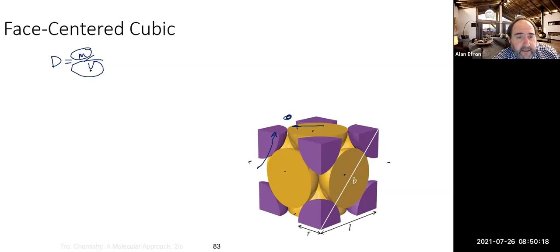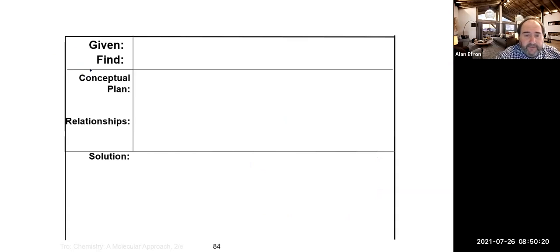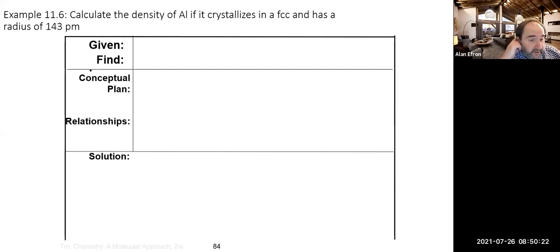First off, let's take a look at the next example. Here we're looking to calculate the density of aluminum as it crystallizes in an FCC and has a radius of 143 picometers.